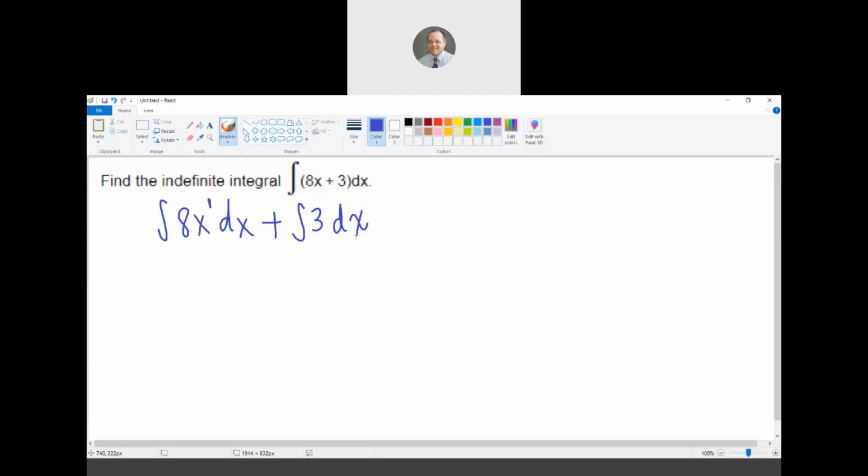Now that 3, I'm going to rewrite it like we did in an earlier problem as 3x to the 0 power. Now, there's a rule of integrals, period, that you can move constants to the front of the integral sign. So we'll go ahead and do that.